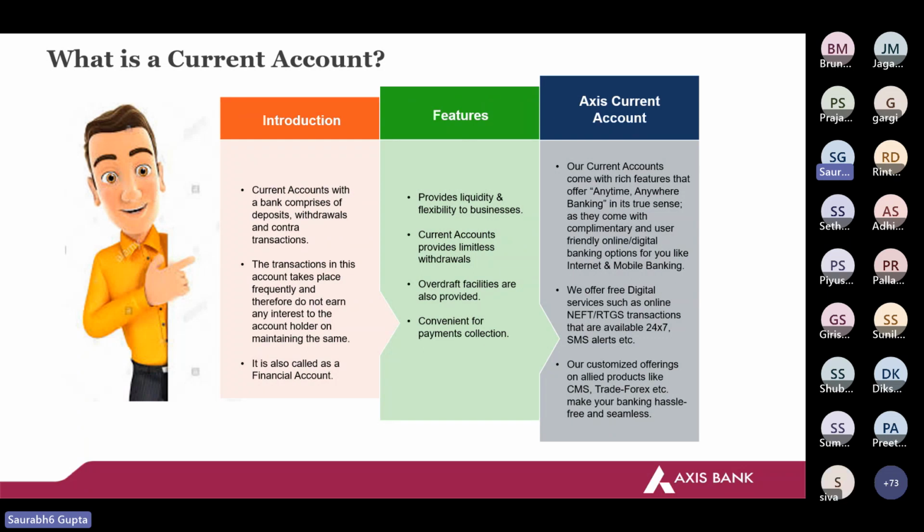And what is unique about Axis Bank current account? We are providing free digital NEFT and RTGS transactions 24/7. Other banks are charging for it. Then our current account offering can be allied with various CMS offerings, trade and forex offerings, MAB offerings, and so on. So these are some unique features of Axis Bank current accounts.